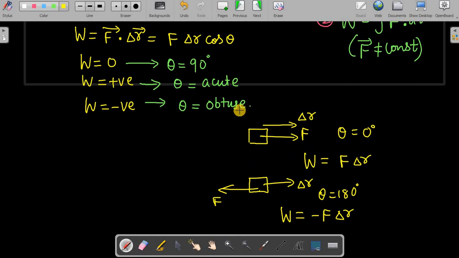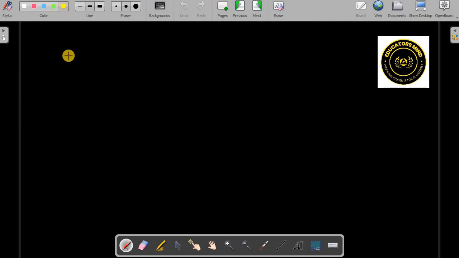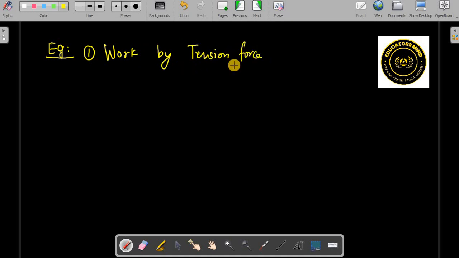Now let us understand some more critical examples. Through examples we'll understand. The first example is work done by tension, work done by tension force.